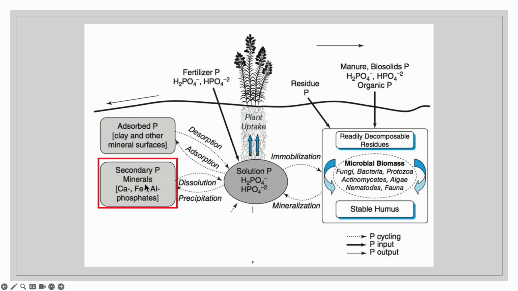It can bind with some of the other minerals in the soil to form these secondary phosphorus minerals. And if it's as calcium phosphate, then it's not being taken up by the plant. And so in order for calcium phosphate to become soluble or dissolve, we need to change the pH.